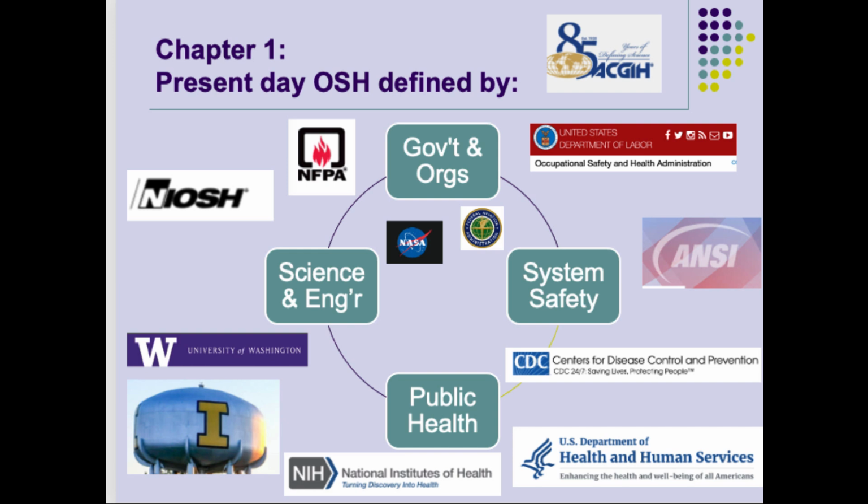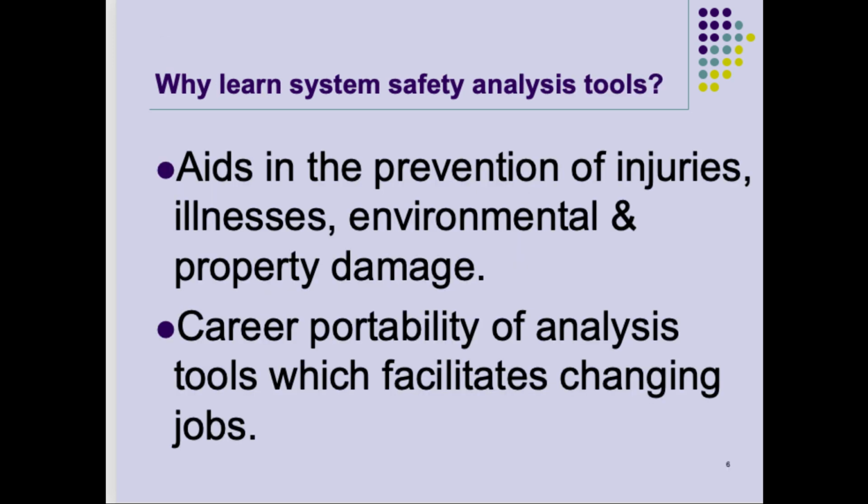And NASA was a leading edge in developing system safety analysis tools and using it in the creation of their space exploration program, as well as, of course, the military. And I believe one of the first system safety documents was created by the military, and it is one of the MIL standards.